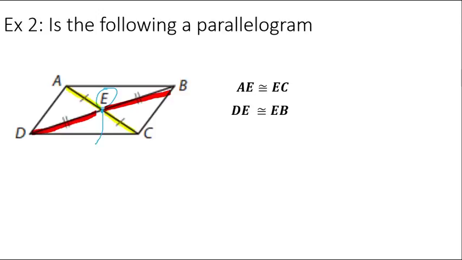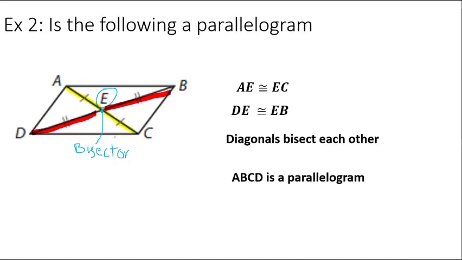We say that point E bisects, it's a bisector, which means it cuts both of these in half. So we say diagonals bisect each other. Because that happens, we say ABCD is a parallelogram.